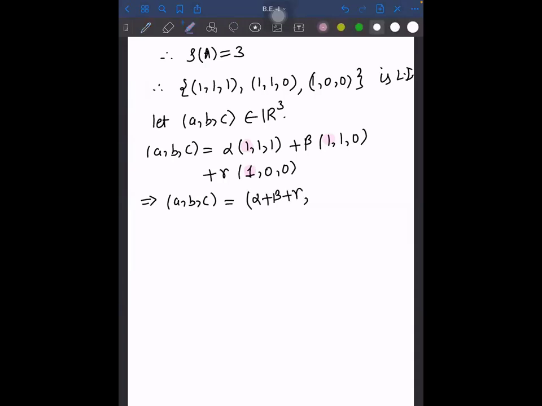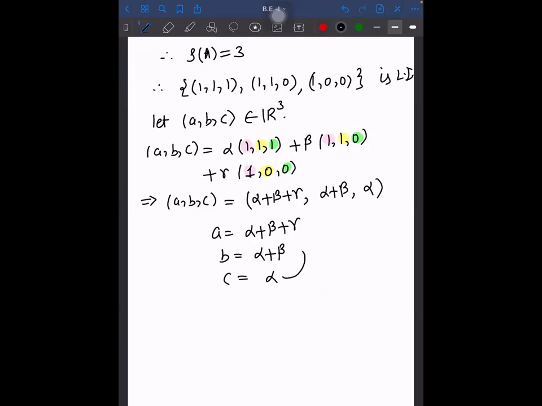The second component will be alpha plus beta, as gamma will be 0. The third component will be only alpha, as beta and gamma will be 0. So now you can compare. Your A is alpha plus beta plus gamma, B is alpha plus beta, and C is alpha.